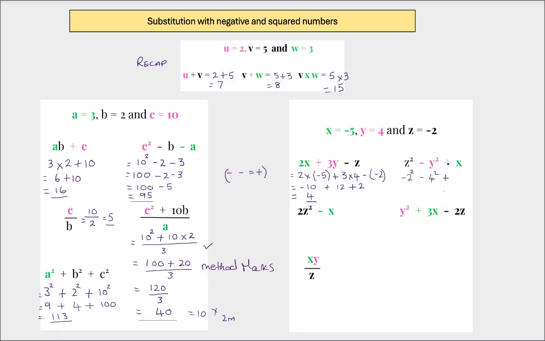You will understand it. So we've got 2z squared. So we know that's going to be 2 times whatever z is. What's z? z is -2. -2 squared minus, what's x? -5.